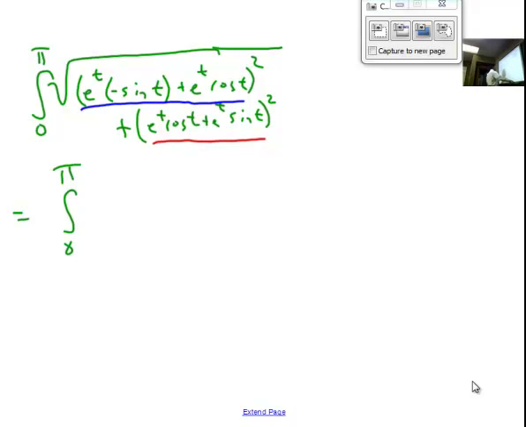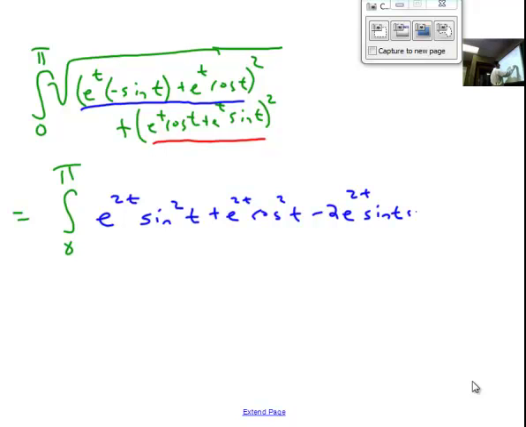So doing the blue first, I'm going to get e to the 2t sine squared of t plus e to the 2t cos squared of t minus 2 e to the 2t sine of t cos of t.